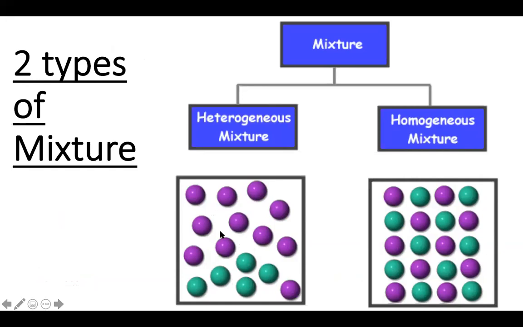If you look at the mixture, you can tell right away that there are different things in it. With a homogeneous mixture, if you look at it, the mixture looks the same. Everything looks the same, meaning there doesn't seem to be different things in it because they blend together.